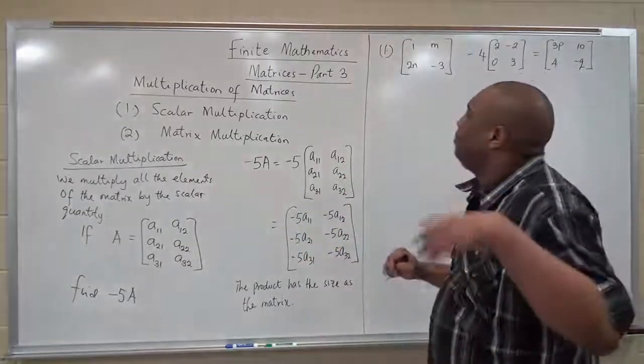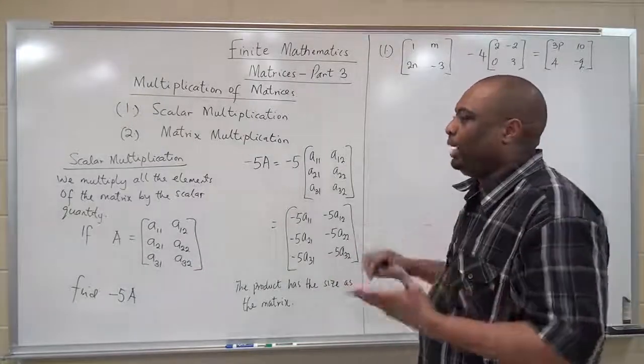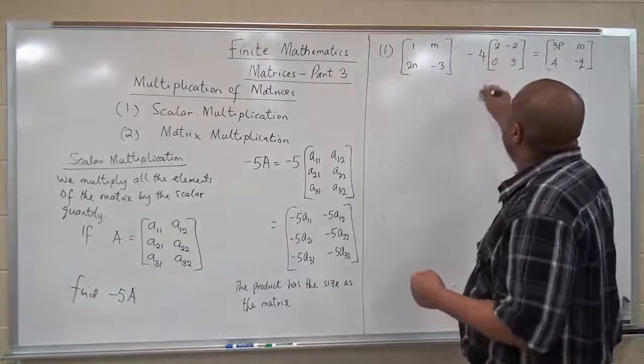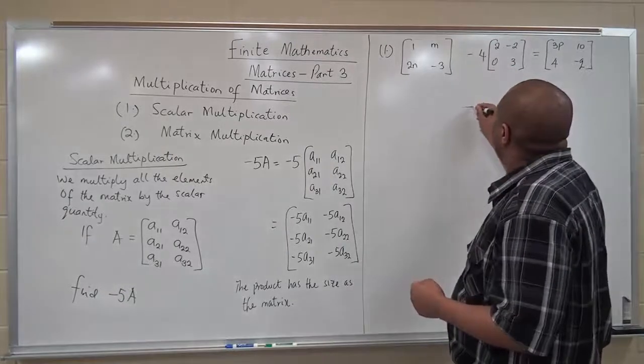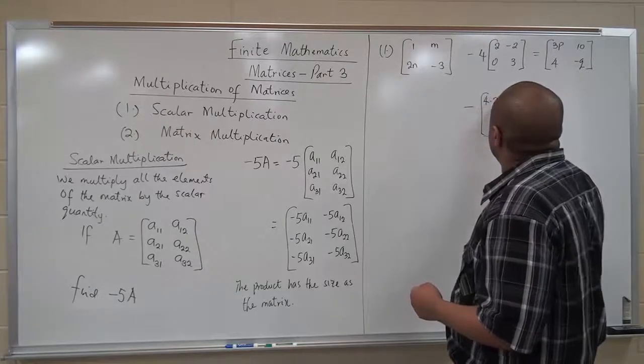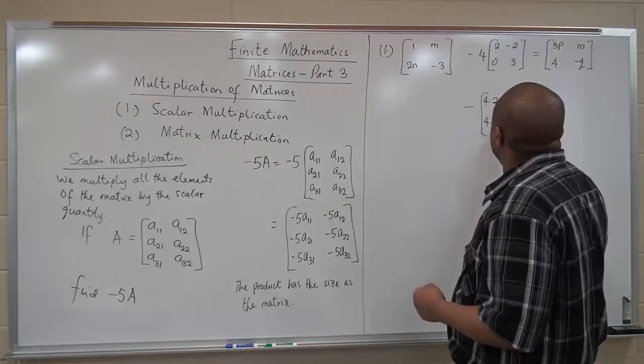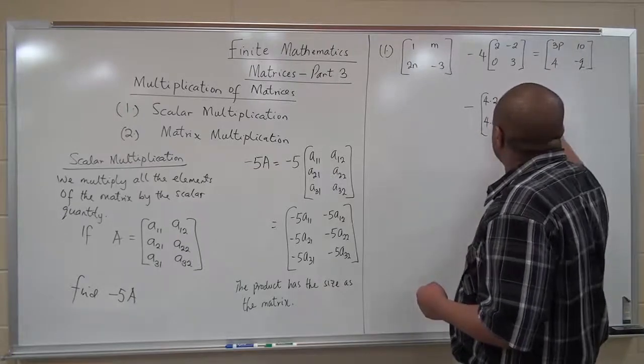As you do PEMDAS, we multiply first: 4 times 2, 4 times negative 2, 4 times 0, 4 times 3.